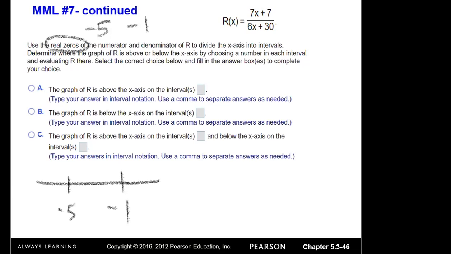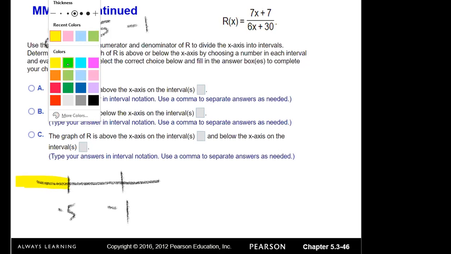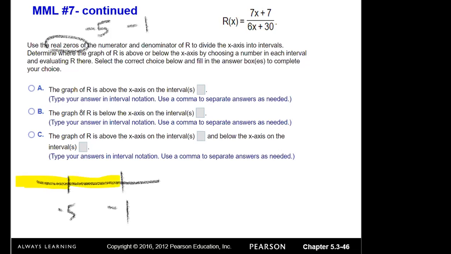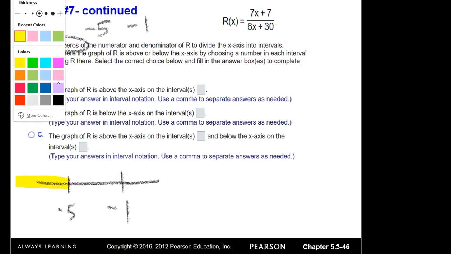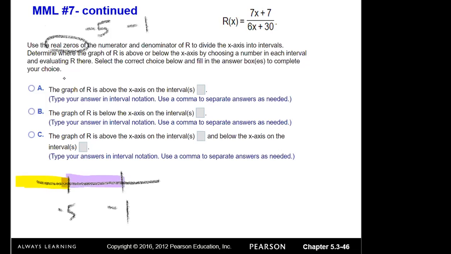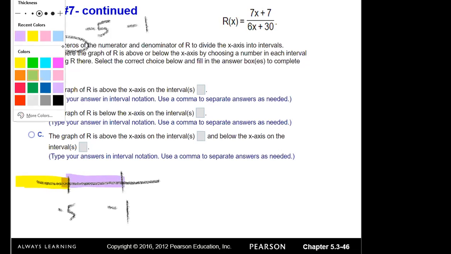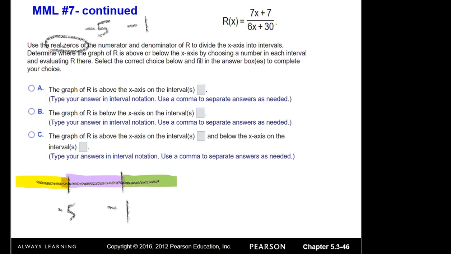So on this one, I'm only going to have 3 intervals: -infinity to -5, -5 to -1, and -1 to infinity.